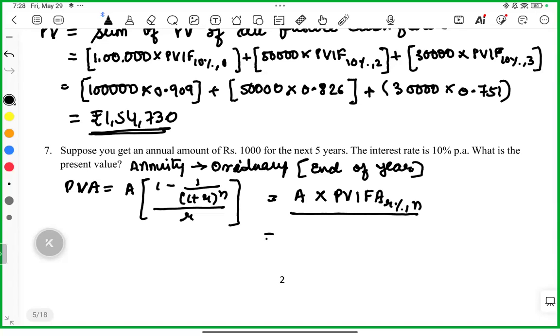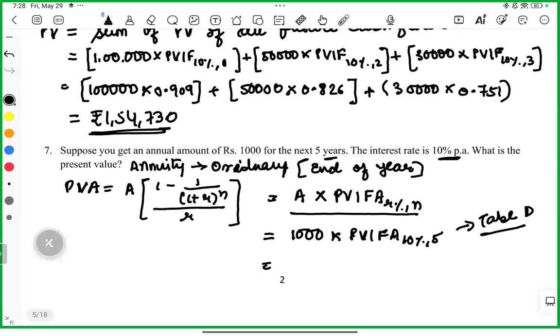Okay. Now see the example. You are going to receive 1,000 rupees. So annuity is 1,000 PVIFA. Interest rate is 10% and N is 5 years. So interest rate at 10% for 5 years. Now you will check table D because table D is related to annuity.